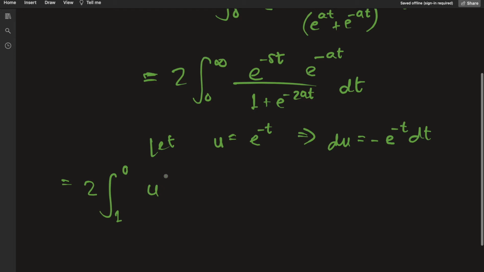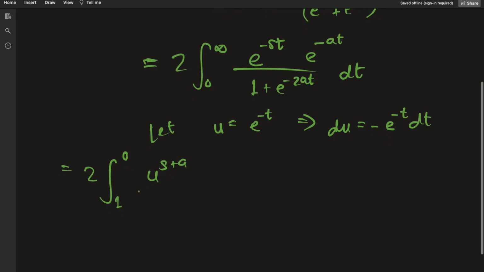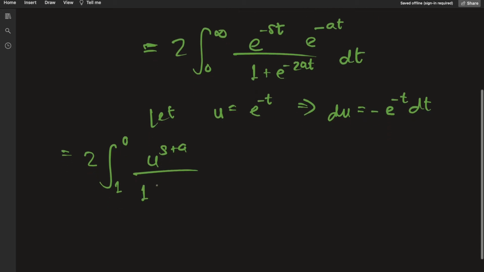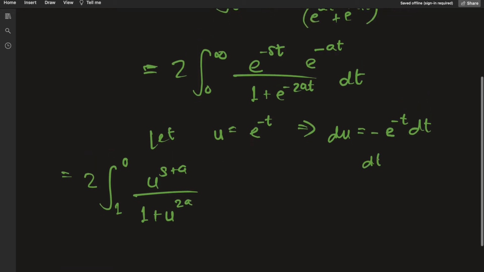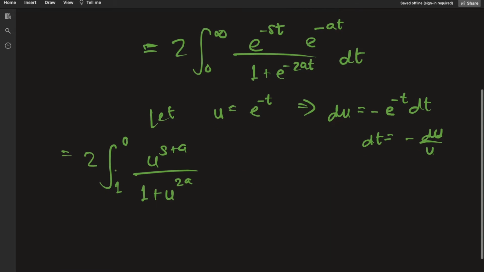This thing becomes u to the s plus a because of the power rule divided by 1 plus u raised to 2a, and dt is just negative du over u. So that negative will be used to flip the upper and lower bounds. We have a negative 1 because of that du.